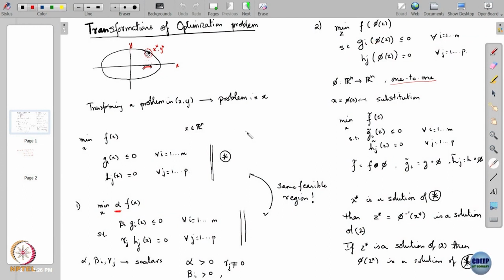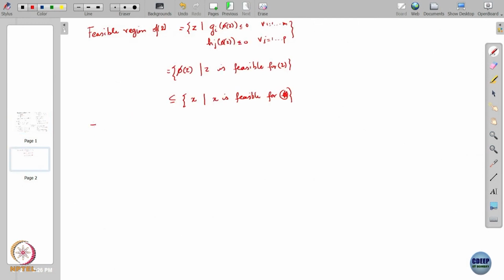So, if phi is not 1 to 1, if phi is many to 1, the optimal value of star is less than or equal to the optimal value of 2.